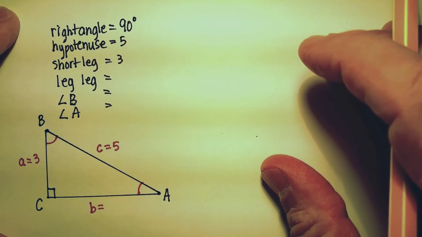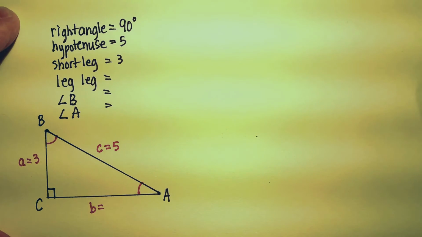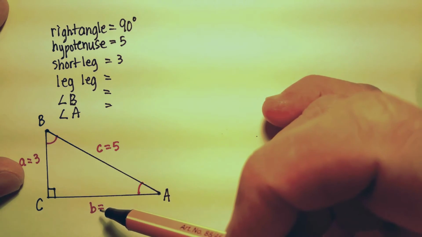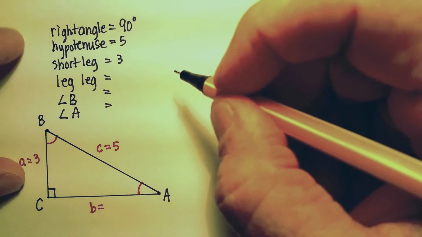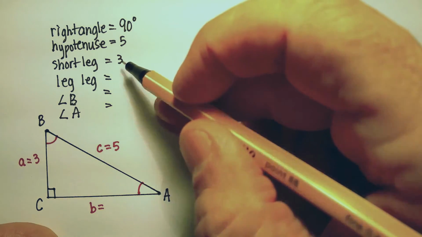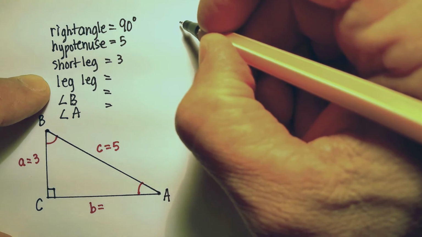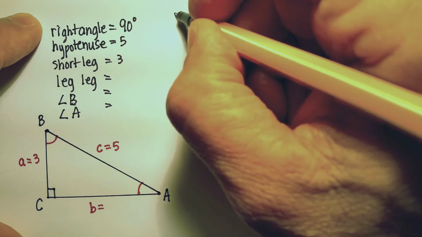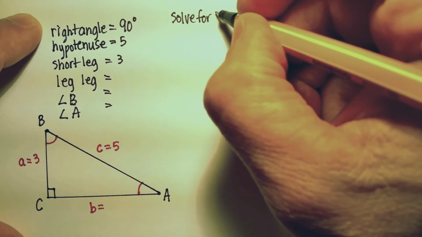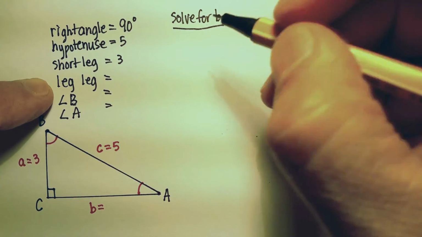So let's strategize. How are we going to do this? Well, I know from the Pythagorean theorem that if I know 2 sides of a right triangle, I can find the third. So let's just do that. Let's find the long leg, B. I'm going to label it: solve for B. In this case, B is the long leg.